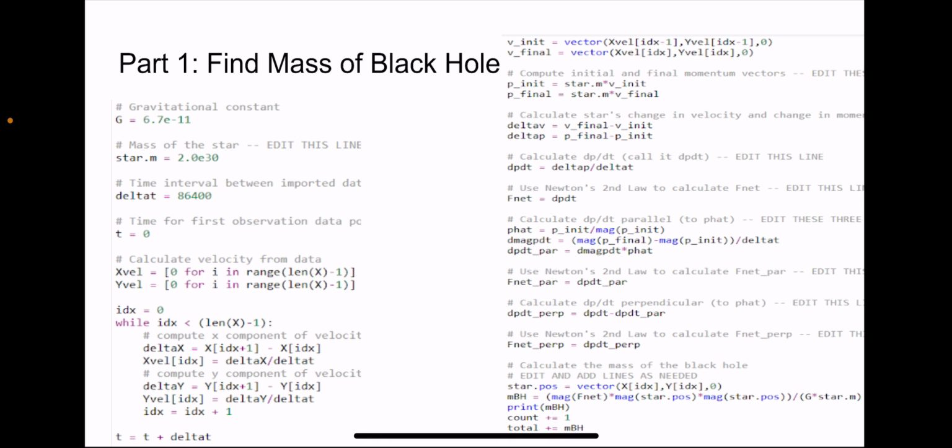So, here's part one. In this part, we're going to find the mass of the black hole. So far, we're given a few variables and we need to use what's given to find what's unknown.